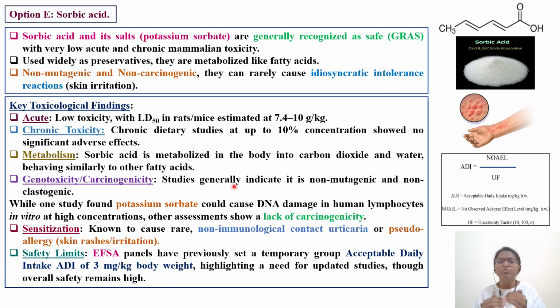New literature and new publications will appear, so whatever ADI values and safety limits are established by regulatory bodies or toxicologists are dynamic. They keep changing once you get new literature. That is the reason they are saying updated studies are needed, though overall safety remains high, because most studies show no adverse effects.